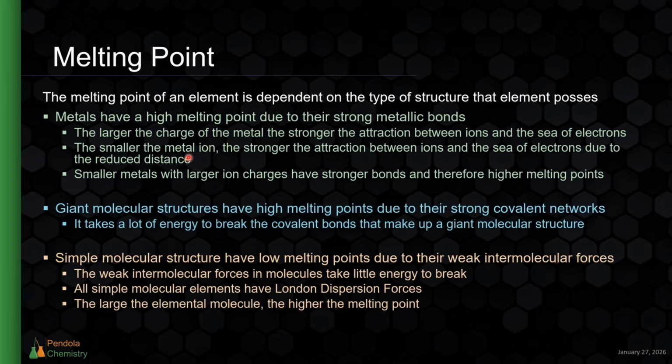The smaller that ion is, the stronger the attraction between ions and the sea of electrons because of the reduced distance between the charges. So smaller metals with larger ion charges have a stronger bond and therefore a higher melting point. So that means things towards the top of the periodic table, which are smaller, and towards the right side of the metals, which have a higher charge, are going to have much higher melting points.